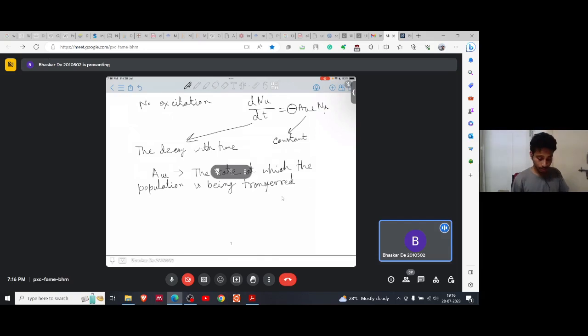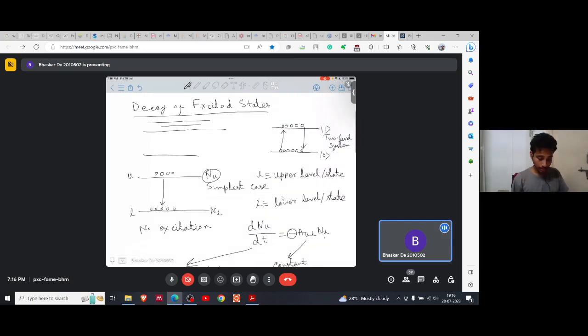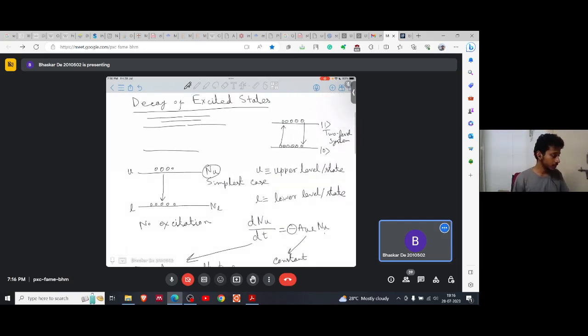To explain the decay, we can simply think of a group of atoms at room temperature. Everything we are using is made up of atoms, and they are in their ground state. Now the atom has some electrons.